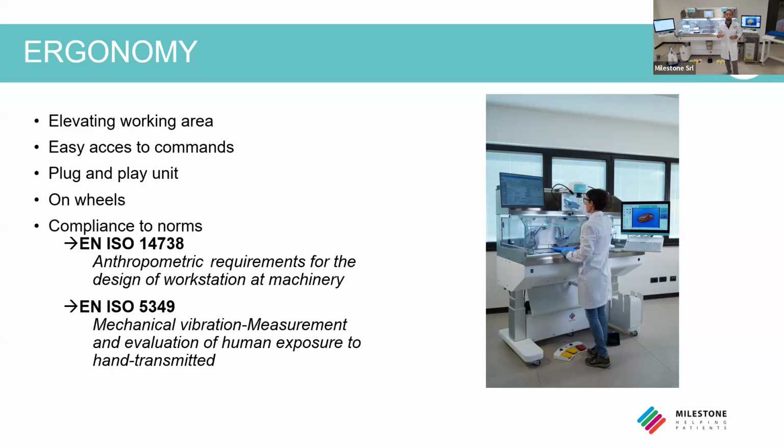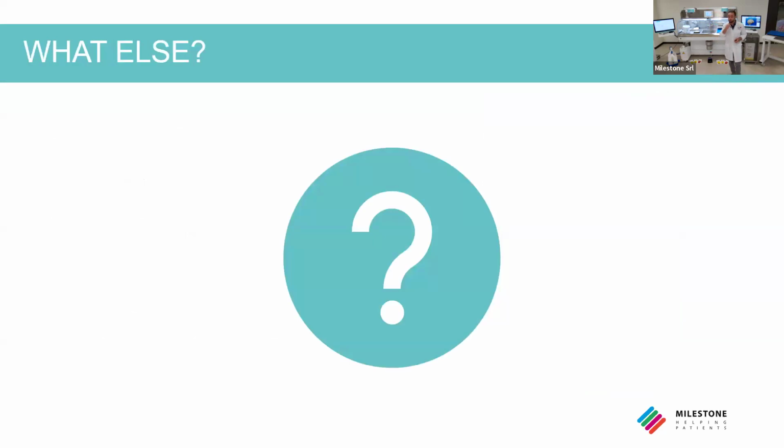In a few words, operators are comfortable using our grossing station because there is no vibration transmitted from it, and they feel at ease using the whole working area and easily reach all parts of our working station.